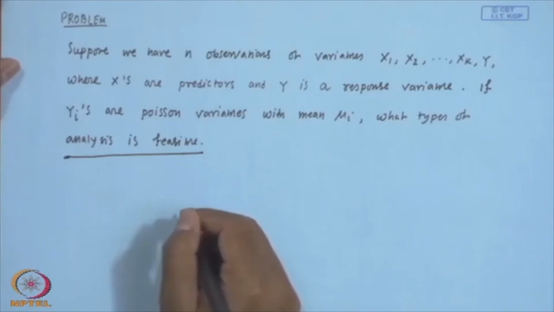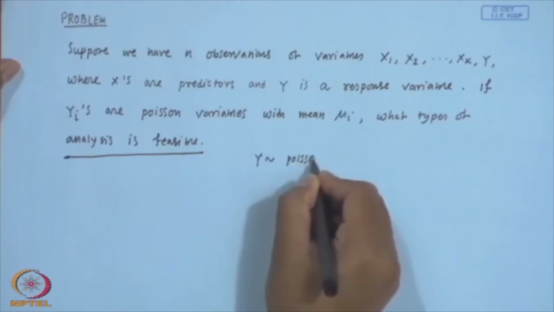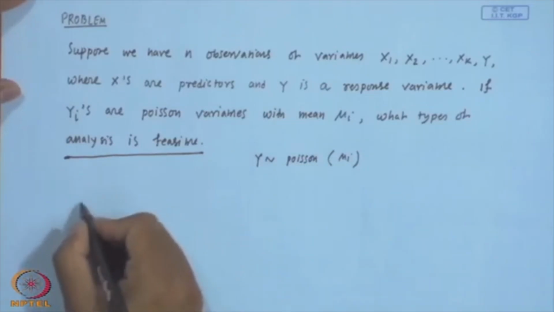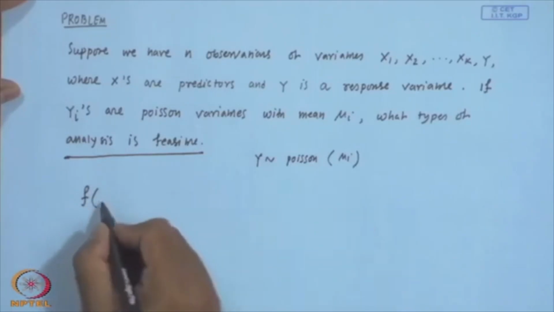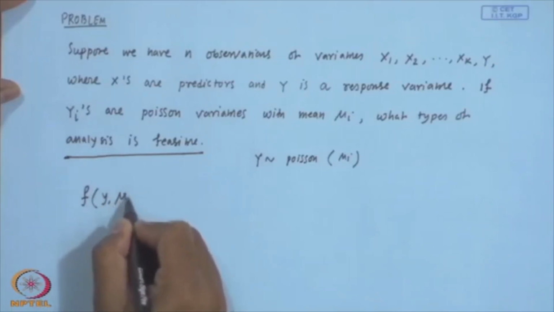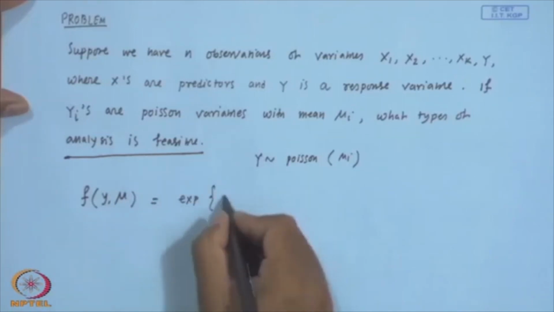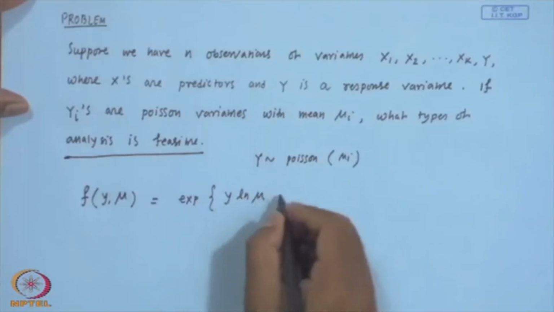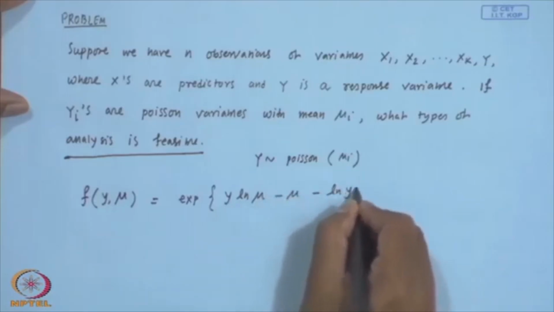Okay. So, y follows Poisson with mean mu, and then we know that the probability mass function of y can be written as f(y; mu), which is equal to exponential of (y ln mu minus mu minus ln y factorial).